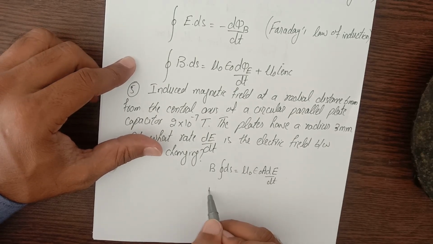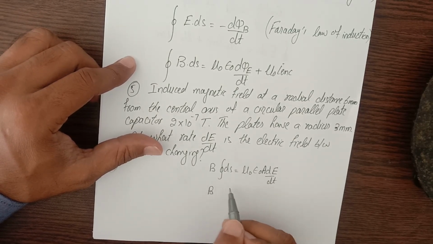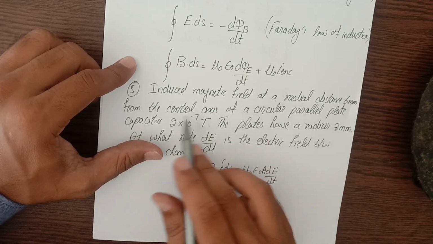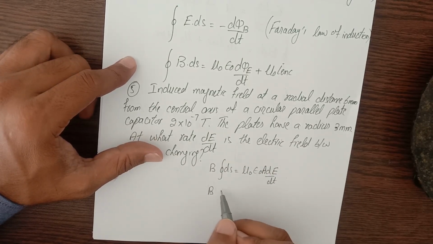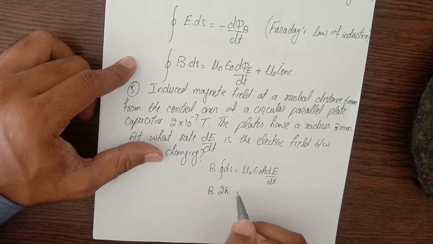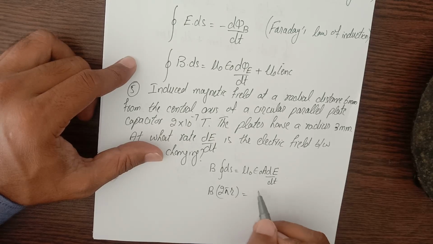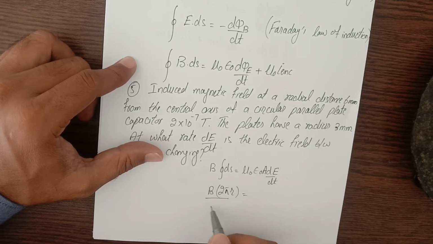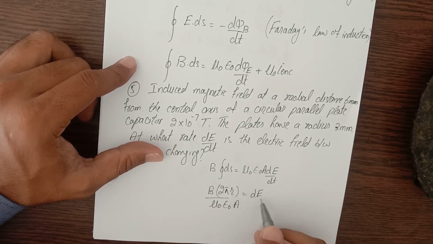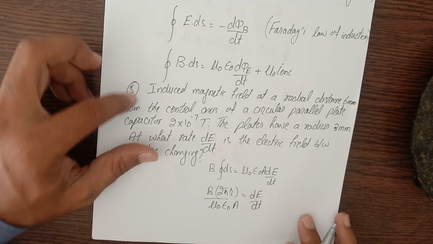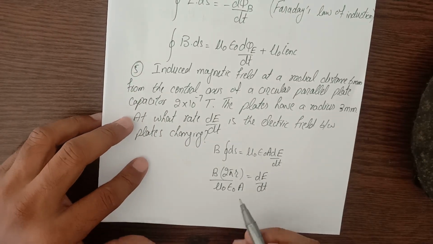Since it's a circular parallel plate, this ds would be 2 pi r, divided by mu naught epsilon naught A, which would be pi r squared.